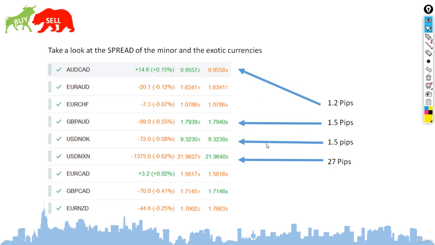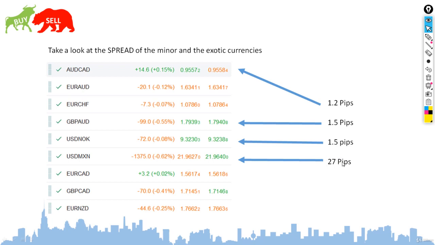In this slide you have to take a look at the spread of the minor and exotic currencies, which I advise you to avoid for scalping, but on day trading or swing trading you can trade them. Take a look at the AUD CAD currency pair, 1.2 pips, and here USD MXN, which has 27 pips.